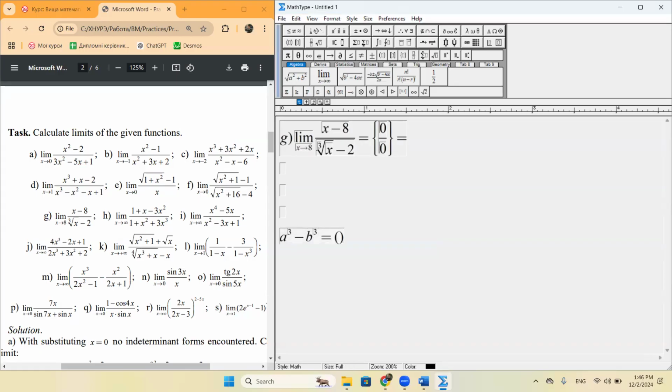So this is also a useful formula. So to eliminate such indeterminate form, we will factorize the numerator using formula of cubes differences.